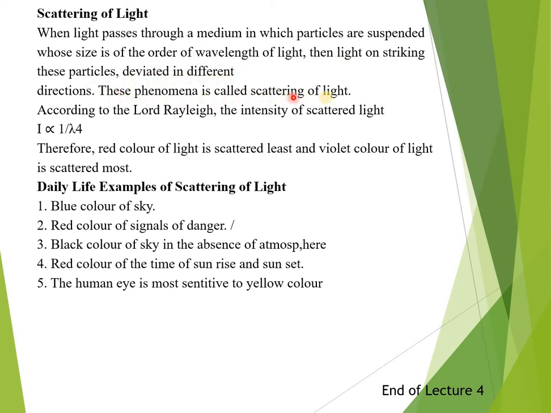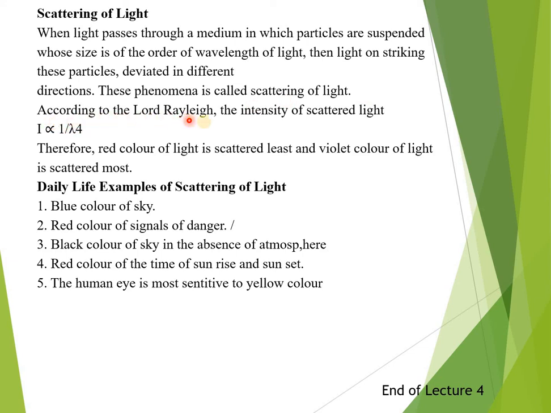This phenomenon is called scattering of light. Because of the scattering of light, in your classroom, suppose no light source is glowing, still there will be light, because the scattered light comes from windows and doors, and enters.